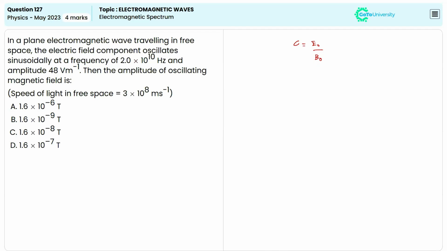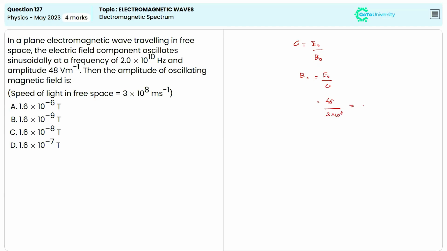First we can rearrange the equation in terms of B naught. B naught is equal to E naught divided by C. Here E naught is the electric field amplitude, which is given as 48. So we can write 48 divided by 3 times 10 to the power 8.